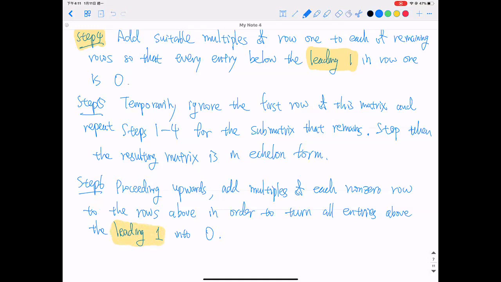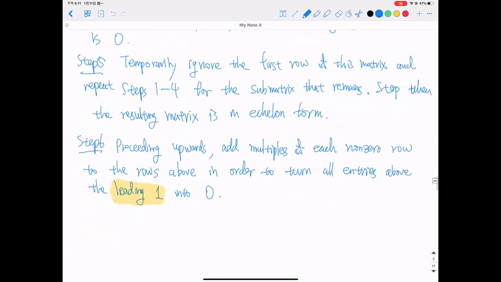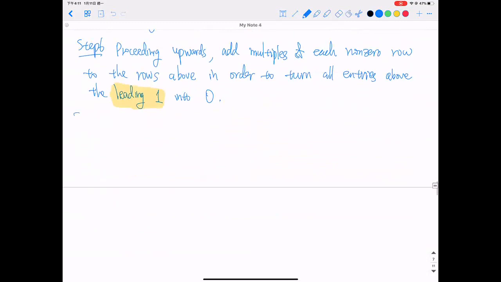Okay, let's do this in an example, because this being stated as an algorithm is making things look formal. We should keep in mind, or sort of find out, what we really want to do rather than memorizing the steps of the algorithm.